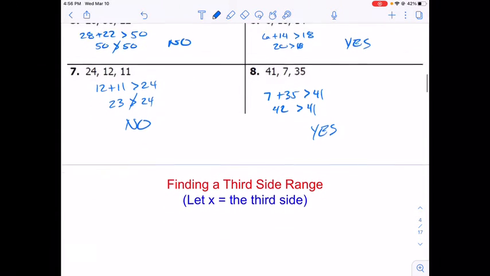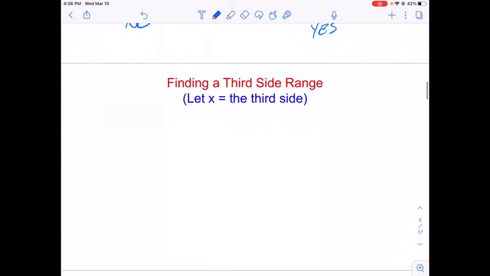Now, let's look at this next part. This is something you want to write down: finding a third side range. If you're looking for the range, you let x equal the third side. What this means is that a is less than x, which is less than b. This is how we find our range of possibilities for our third side if we're given two sides.